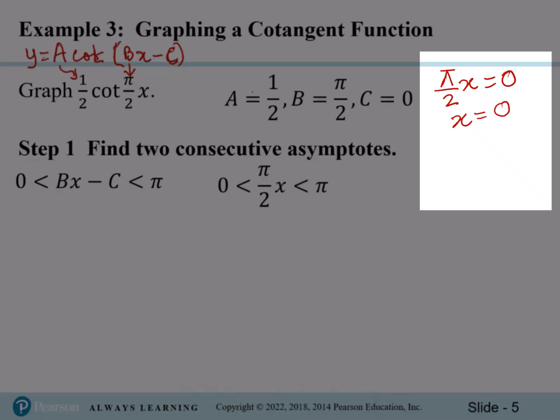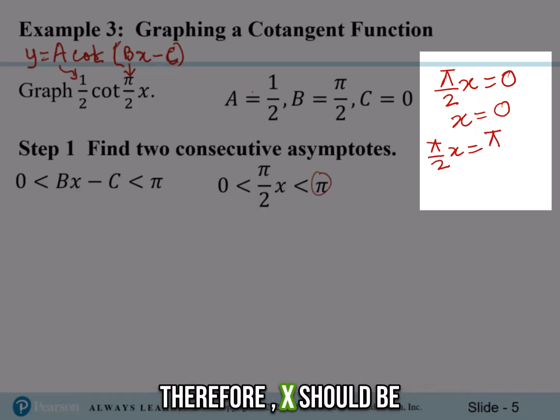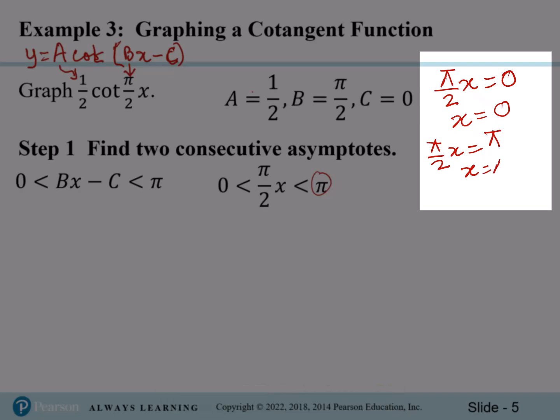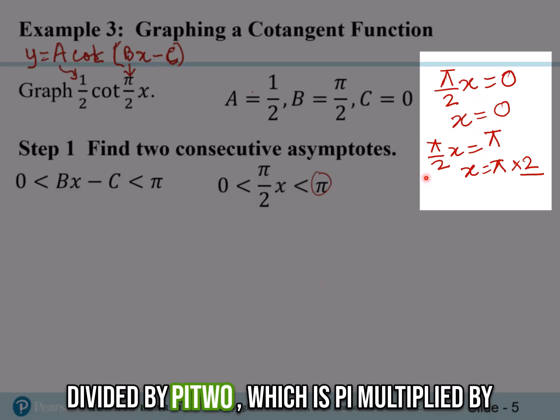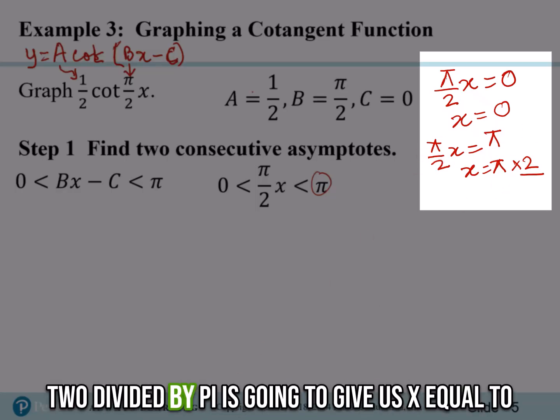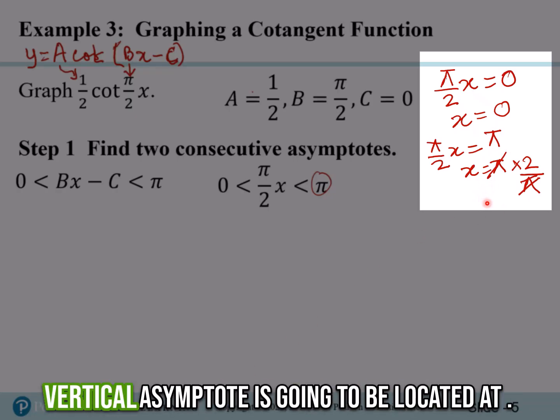The next one is pi over 2x equal to pi, correct? Therefore, x should be pi times 2 divided by pi. In other words, pi divided by pi over 2, which is pi multiplied by 2 divided by pi, is going to give us x equal to 2, and that's where the right hand side vertical asymptote is going to be located.